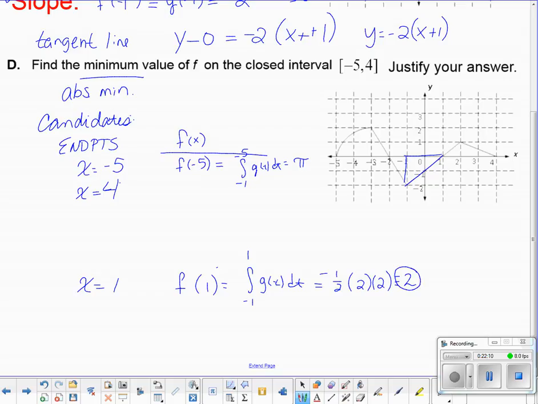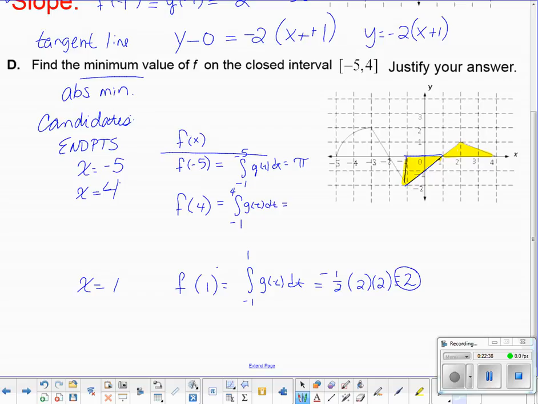Finally, the last one I need to look at is f of 4. And f of 4, we pick up another triangular piece. So not only do I have the region from negative 1 to 1, and then I go from 1 to 4. So let's just write this out. This will be from negative 1 to 4, the integral of g of t dt.